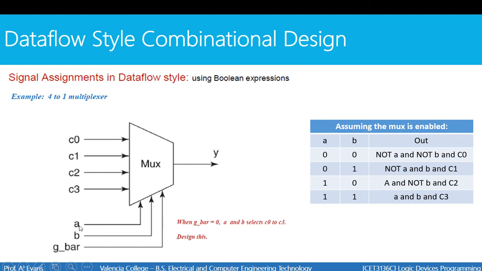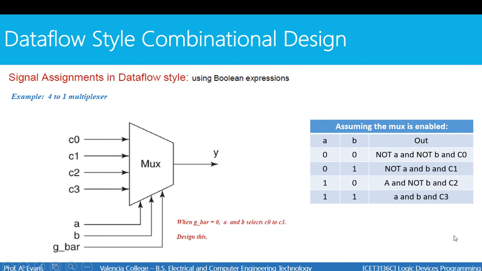When A is low and B is 1, C1 should pass. So that means our Boolean expression for the output would be not A and B and C1. That Boolean expression will define the fact that C1 is going to pass through the mux whenever A is a 0 while B is a 1. And then when we reverse that, when A is 1 and B is 0, we're going to get C2 passing to the output.